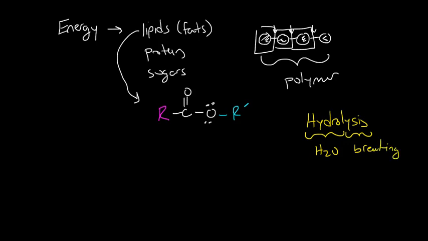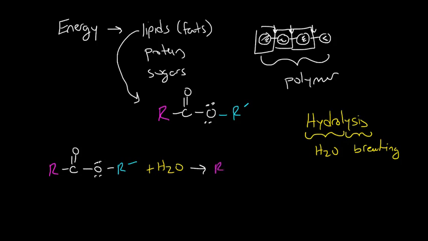So we are going to break a chemical bond by using water. I'm going to redraw this molecule here. We have our ester linkage, attached to our other R group, and we react with water. When this reaction occurs, we form two new molecules.